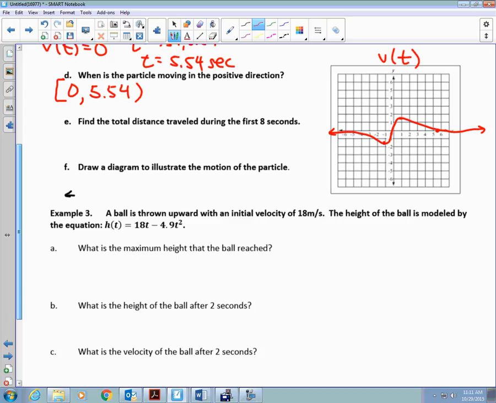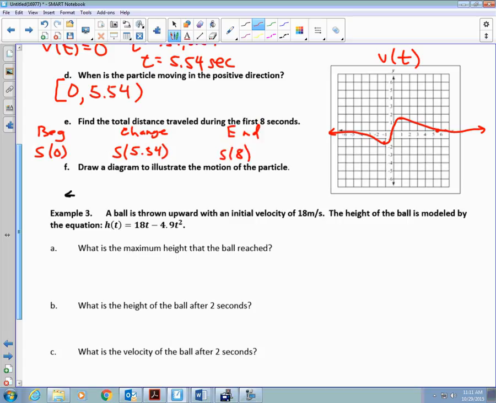Okay, find the total distance traveled. I have to check 3 spots when I find total distance traveled for this one. What do I check first? The beginning, which is going to be s of 0. Then I have to check the change, which is s of 5.54. And then I have to check the end.